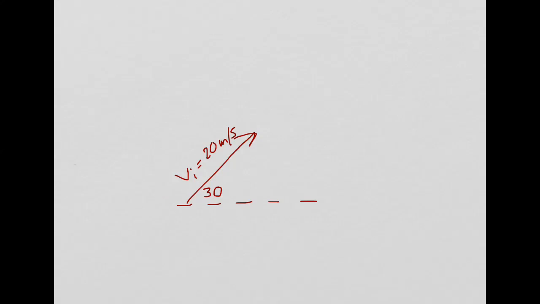Okay, so how could I rewrite this in terms of the horizontal component, which is this guy, and my vertical component, which is this guy? Okay, so we see that this makes a right triangle. Alright, let's call the vertical component y and the horizontal component x.